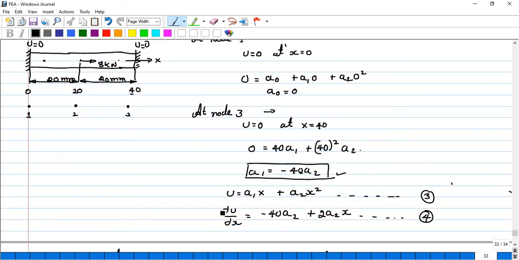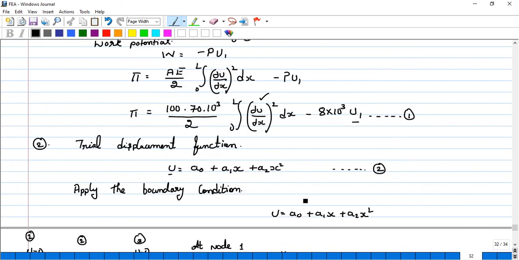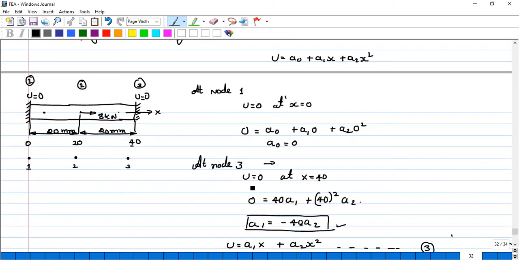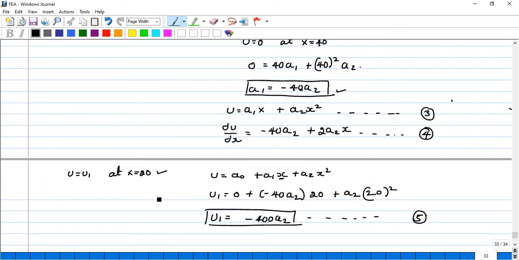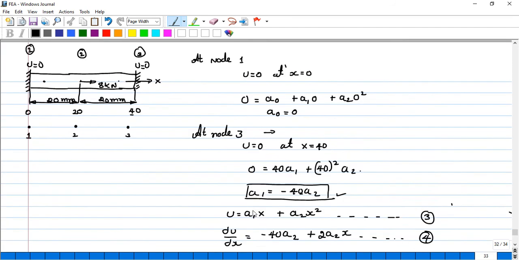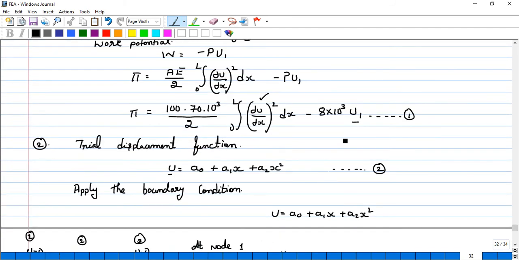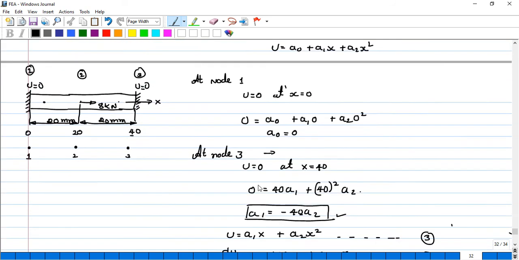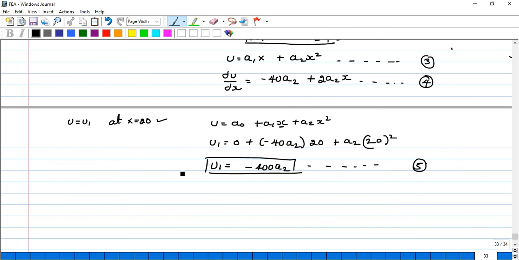So we partially differentiate, so that we get this fourth equation to substitute, that is ∂u/∂x. That is also done, and at the center point we have to substitute u1 in the same equation. U1 here is unknown, so how to get this u1?